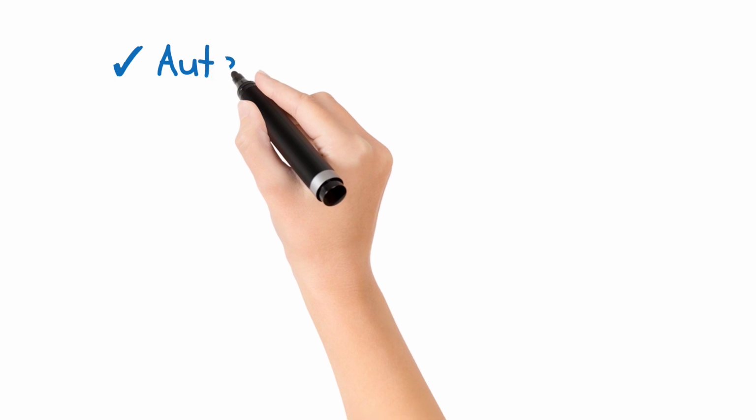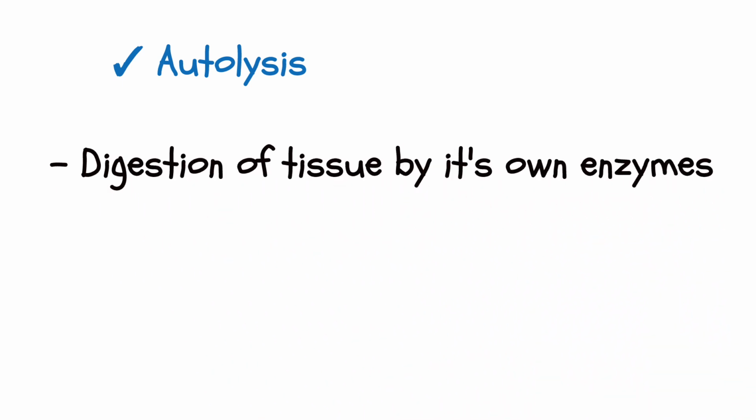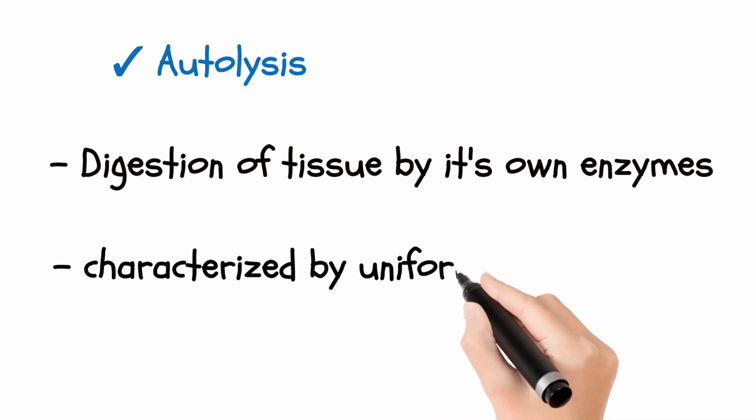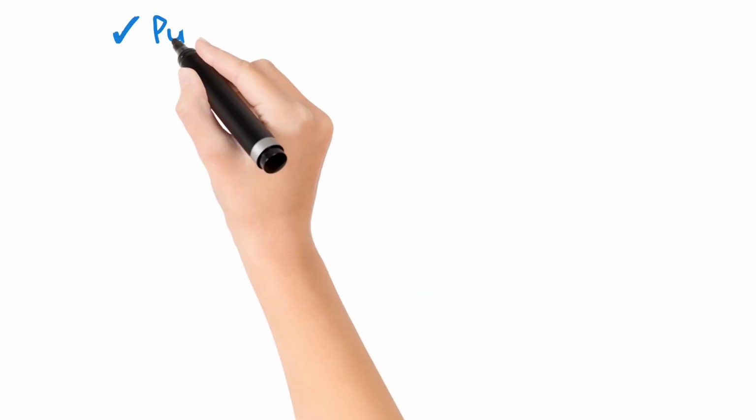The first one we'll be looking at is autolysis. This is the digestion of tissue by its own enzymes. Auto and lysis. The digestion of tissue by its own enzymes, and it is characterized by uniform destruction of cells without any inflammatory reaction. Next is putrefaction.